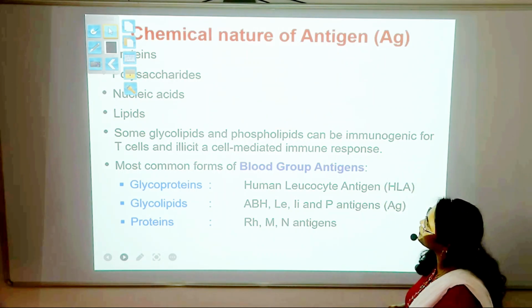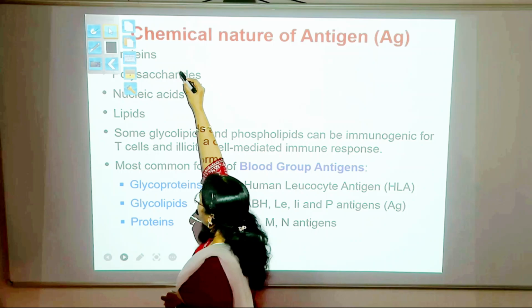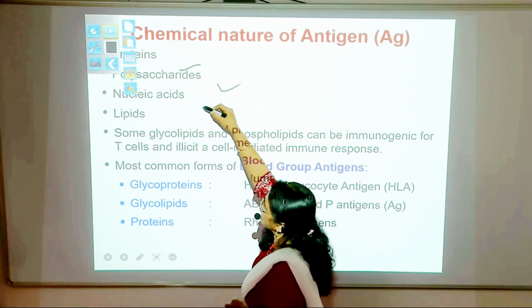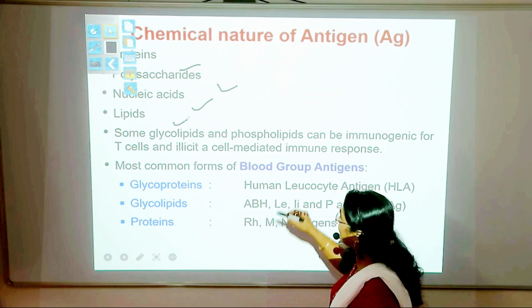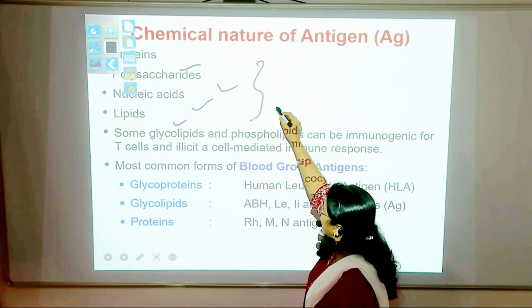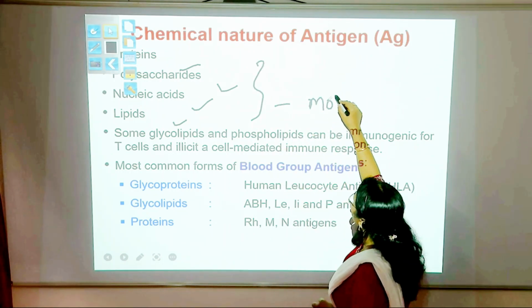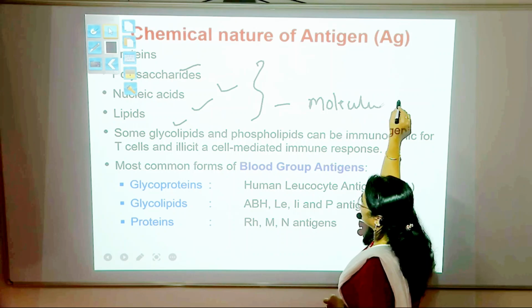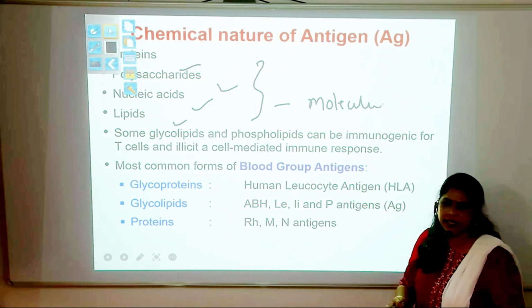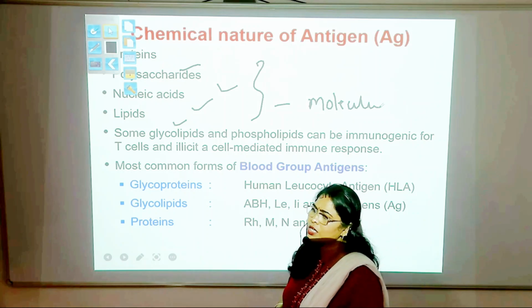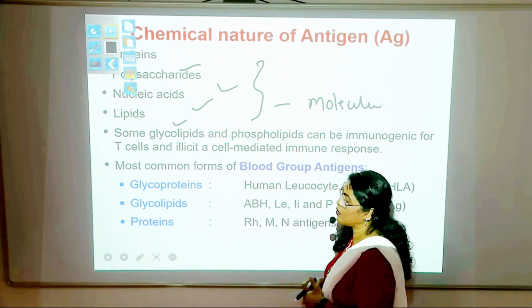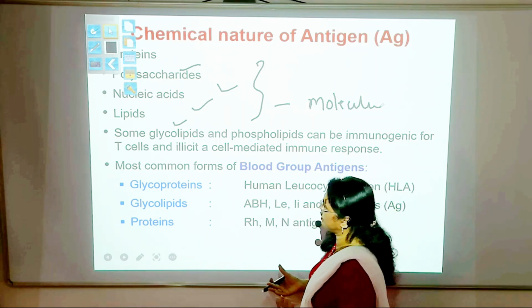The chemical nature of antigen, as I told you before: antigens are proteins, polysaccharides, nucleic acids, and lipids. So basically antigens are biomolecules. Any inert thing cannot behave as an antigen, because it will not evoke any immune response.